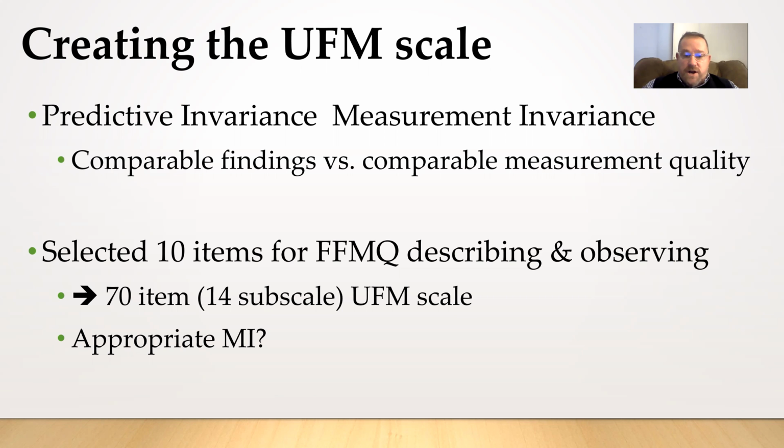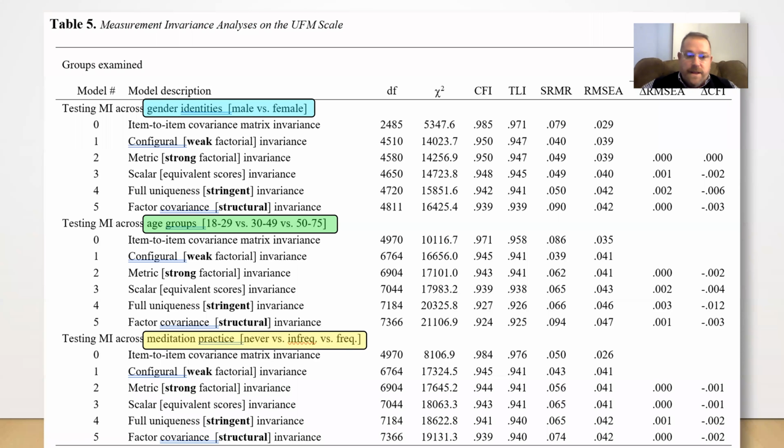And the first thing we wanted to know was, did we get measurement invariance? So this is us testing configural, metric, scalar, full uniqueness, and factor covariance invariance across gender identities, age groups, and meditation practice.